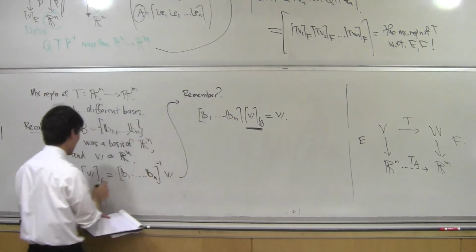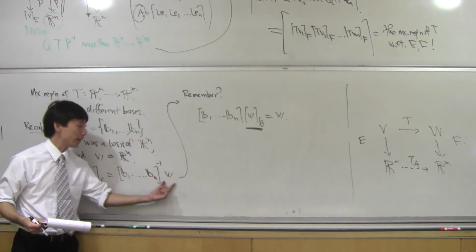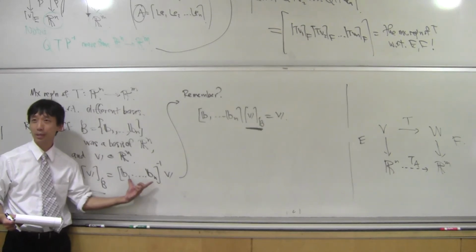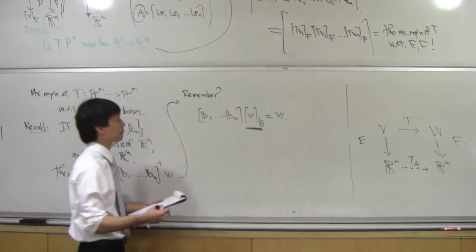So the way you get the coefficients is by taking a vector and multiplying by the inverse matrix. I think everybody remembers that.